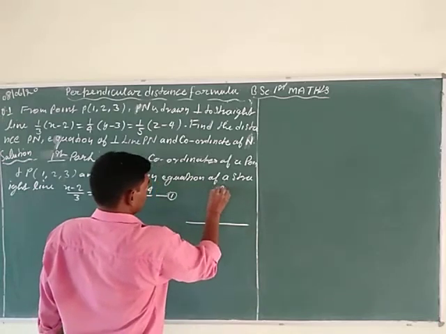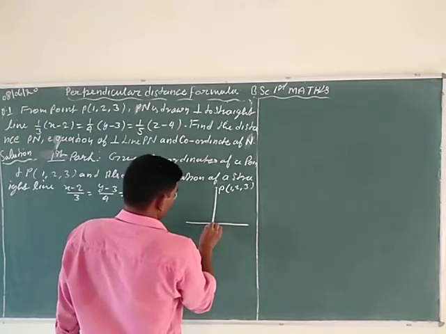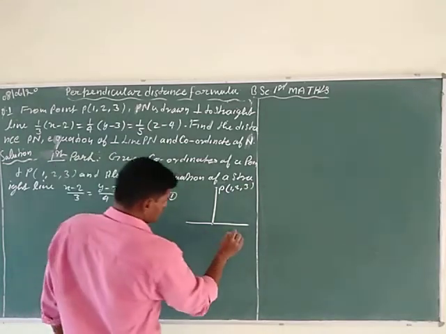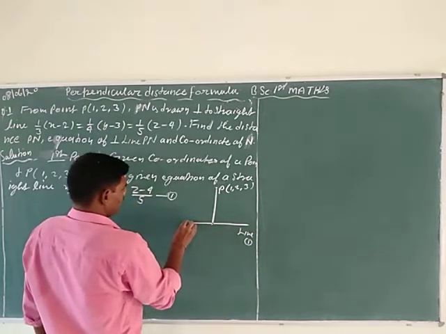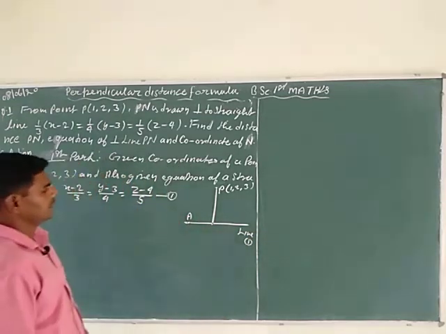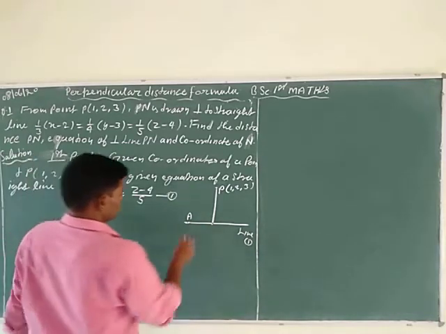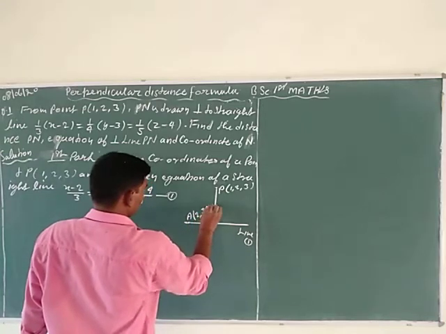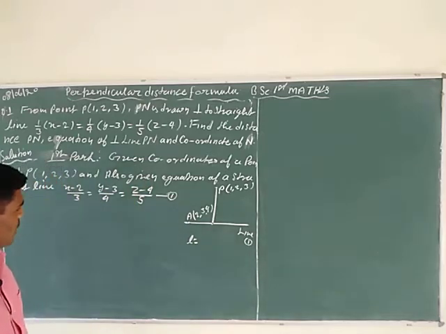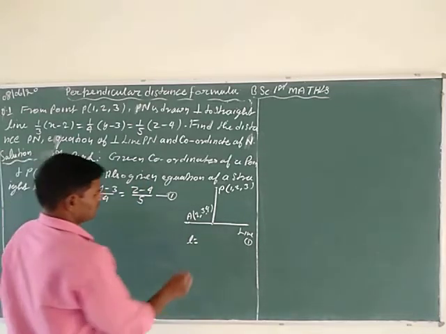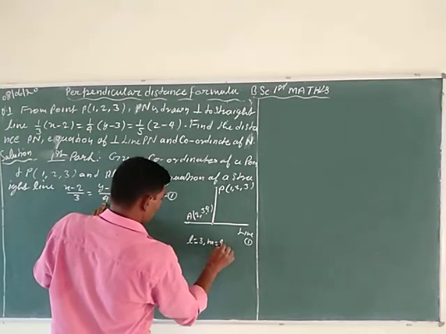Take point P whose coordinates are 1, 2, 3, and the straight line, line first, and take a point A. The coordinates of A from the first equation are 2, 3, 4, and the direction ratios of the given straight line are 3, 4, 5, so l is equal to 3, m is equal to 4 and n is equal to 5.